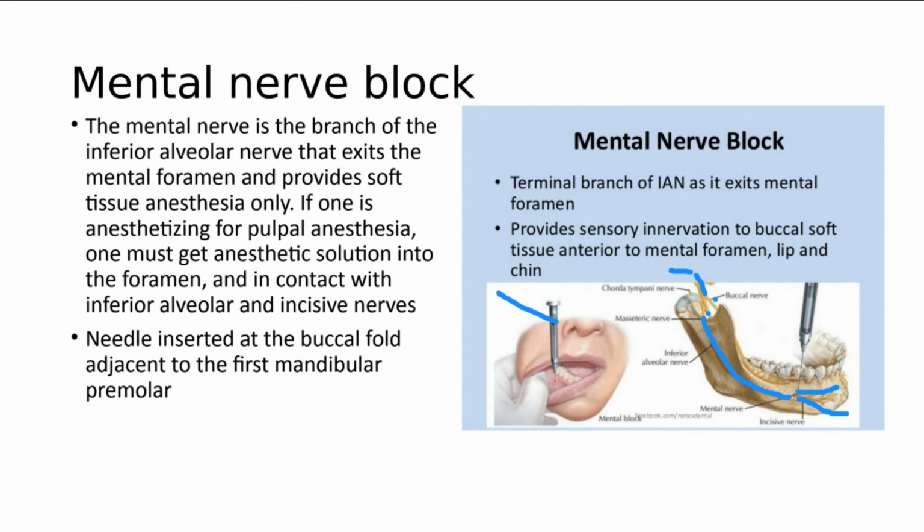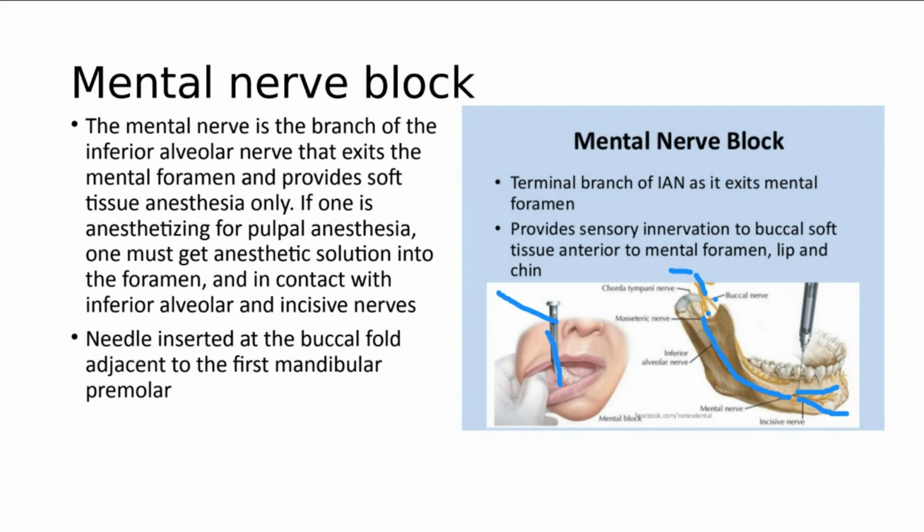Find the first premolar, try to feel the mental foramen, and then you go, as you see here, almost parallel, a little bit of an angle, and you will get to the mental nerve as it is exiting from the mental foramen. It will go to the mental foramen, but you're not trying to push the anesthesia inside the foramen.